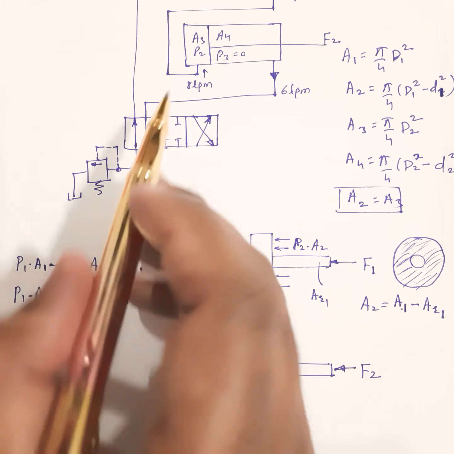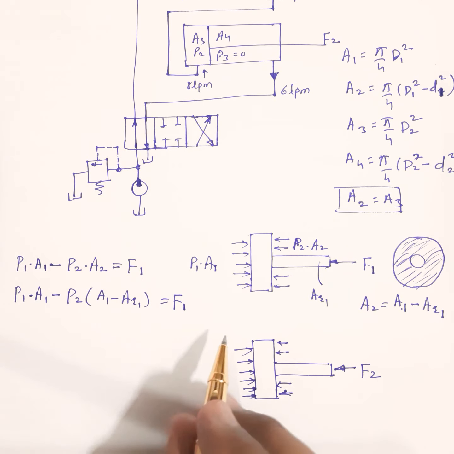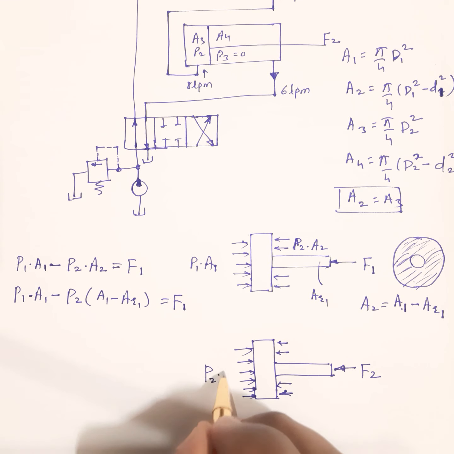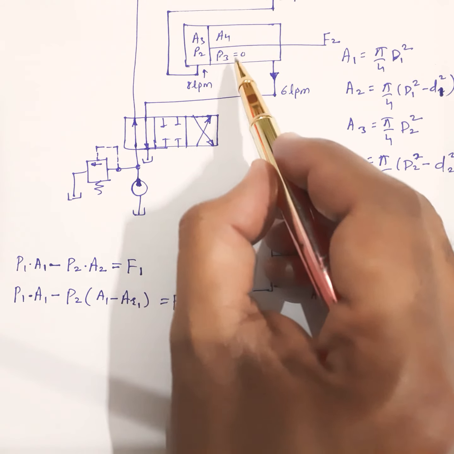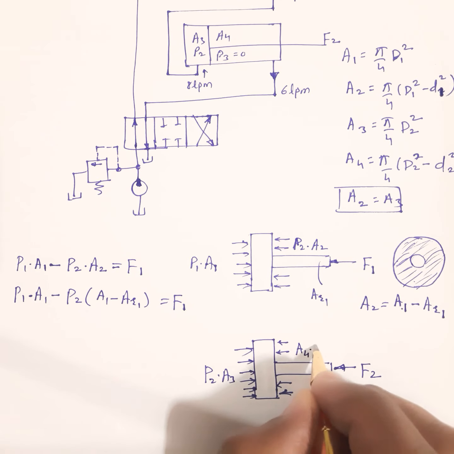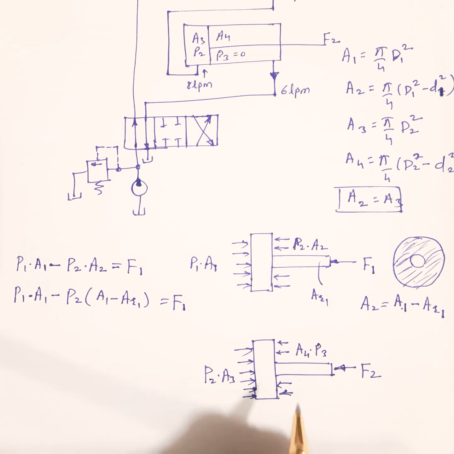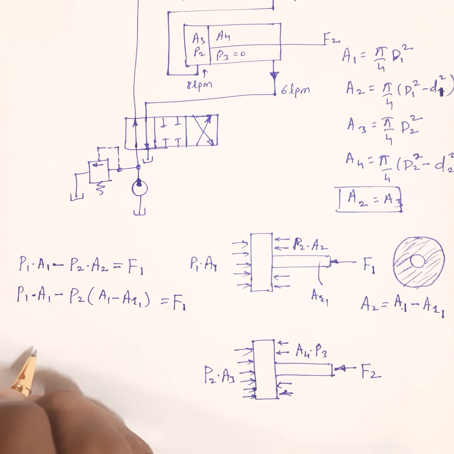Now this side pressure is P2, as we have assumed, and area is A3. So this side force will be P2 into A3, and this side force is, where the area is A4 and pressure is P3, and P3 is equal to 0. So this side complete force will become 0. So that we'll see later.